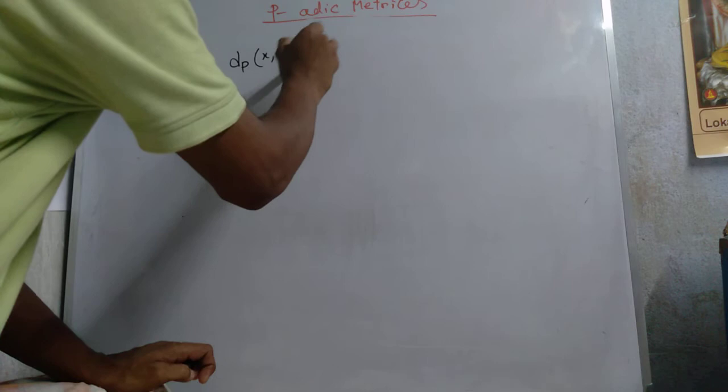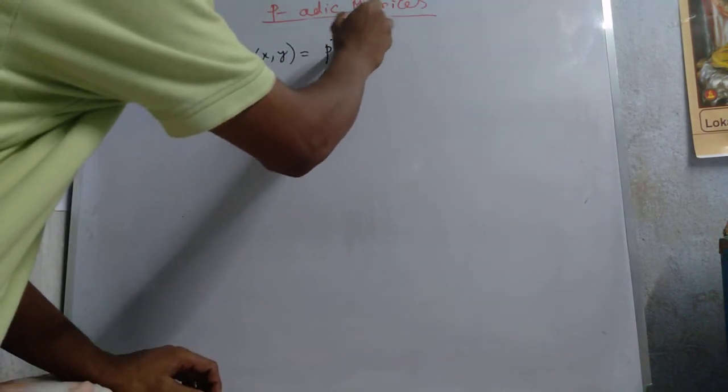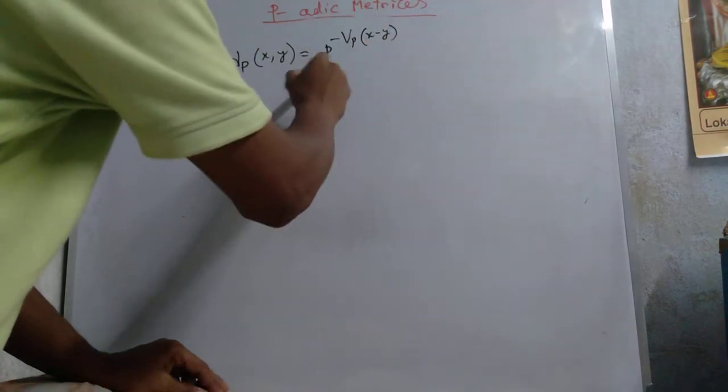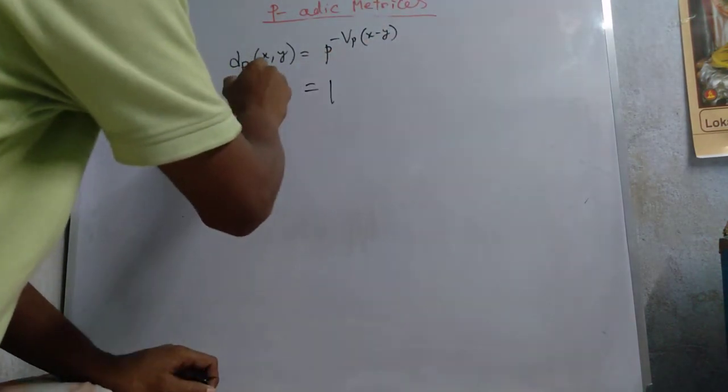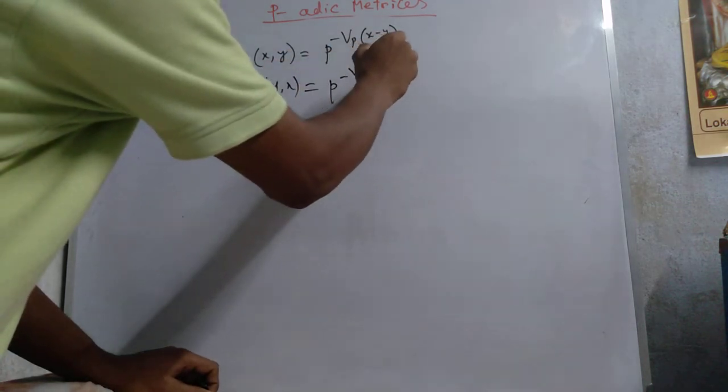d_p(x,y) equal to, if x not equal to y, p to the power minus v_p(x minus y), and d_p(y,x) equal to how much? p to the power minus v_p(y minus x).